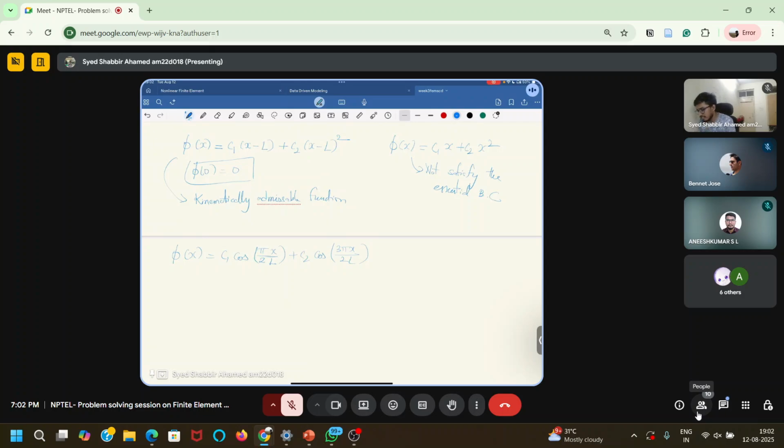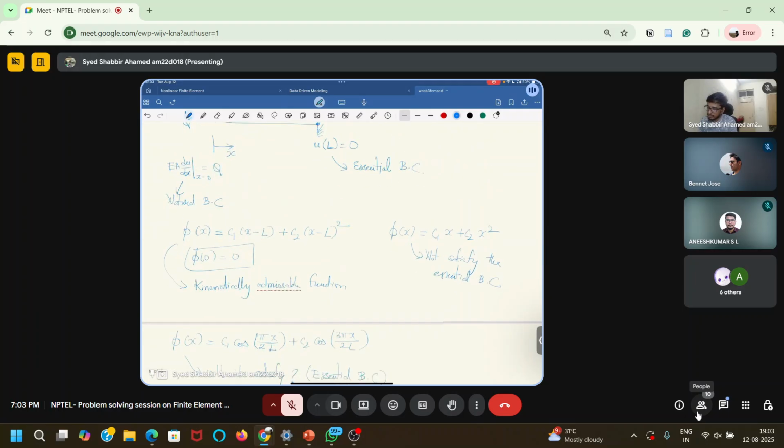Will it satisfy the essential boundary condition? Yes or no? Anyone?